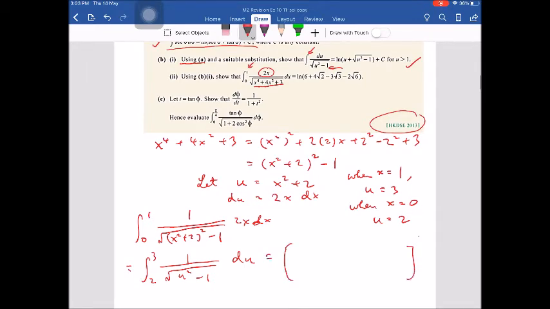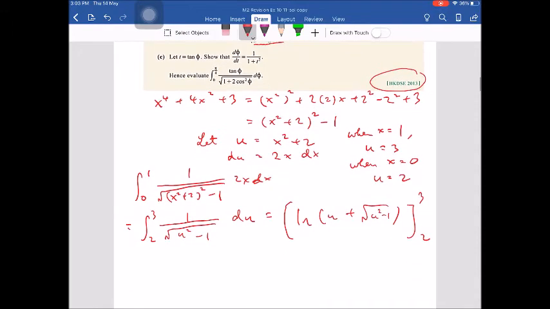You see that the answer should be log of u plus root u squared minus 1, evaluated at 3 and 2. Is this the answer? It seems that it is not the answer, but try to do it. Log of 3 plus root 8, minus log of 2 plus root 3.